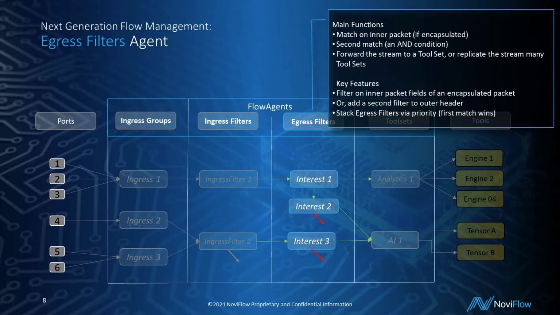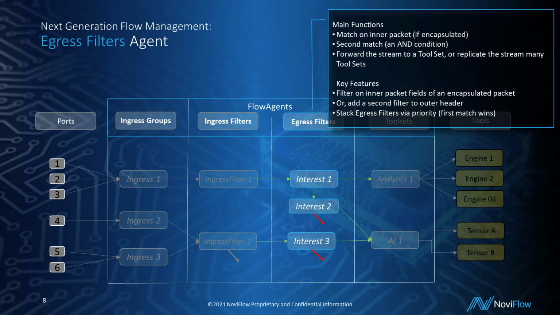We can take a second bite at the apple and say, I had a broad matching condition above me, and now I'm going to narrow that down on a second set of things. So for example, I might have matched on a packet shape above me, and now I want to say, it came from one of these 25 IP addresses, and really narrow it down. So you get a second bite at the apple, and think of it as an AND condition.